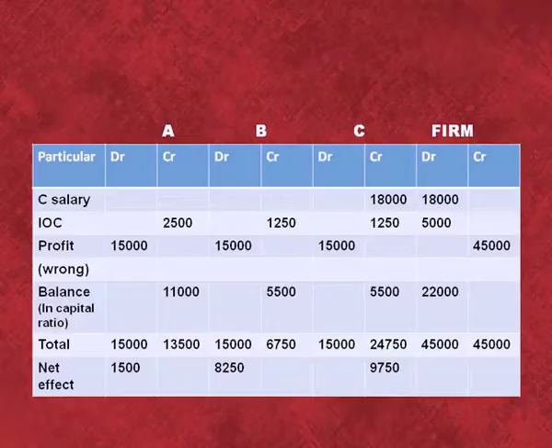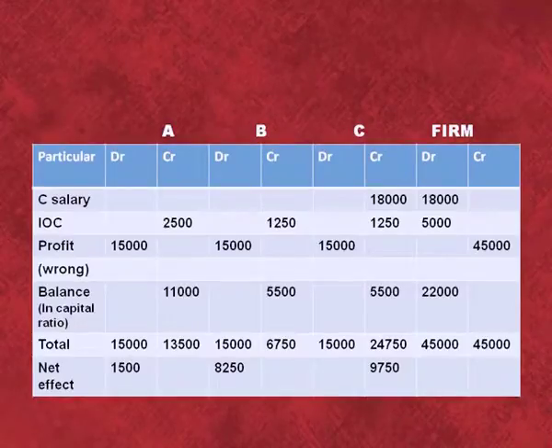That is why 15,000, 15,000, 15,000 is written under the debit column of A, B and C, and the total is written on the credit column of the firm's account. Now, first of all, we have to tally the firm account. If we see the total of the firm account, it is 45,000 on the credit side and the balance of 22,000 will remain in the debit column of the firm's account.